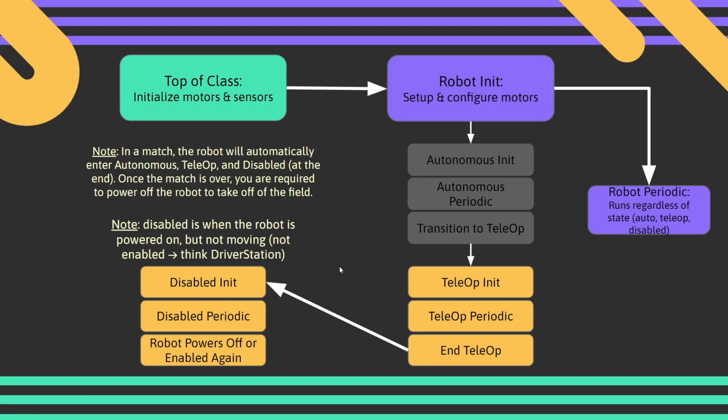Finally, you have disabled init and disabled periodic, which is anything that you want to happen during this disabled period of the robot. So before the robot enters disabled fully, it runs disabled init, and then we run disabled periodic, where anything that you want to happen will run.